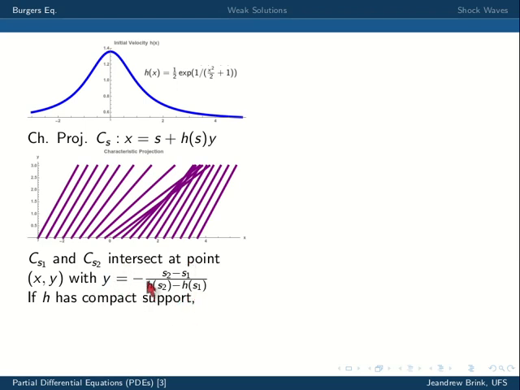Before I go on, here is another statement. If H has compact support, do you know what compact support is? Compact support is what happens if your function is stuck to a small region. In other words, a bump function like that has compact support.